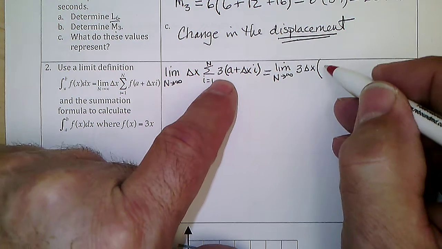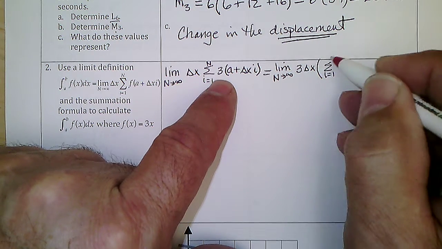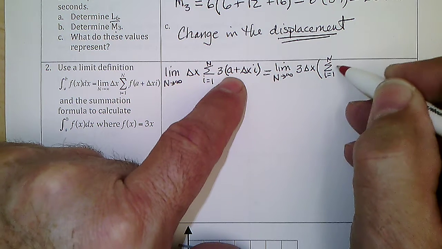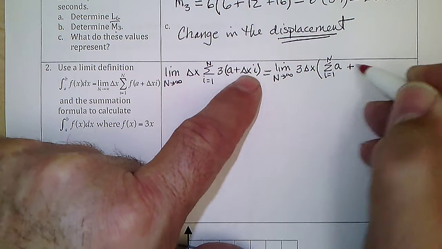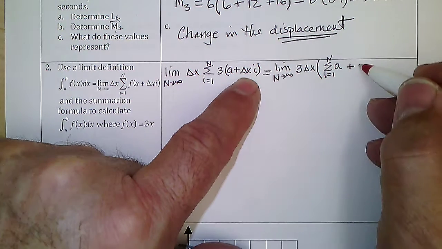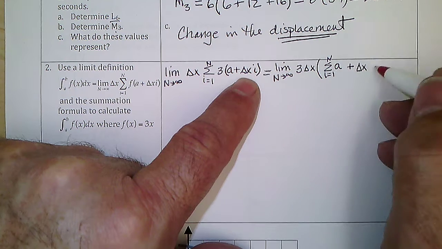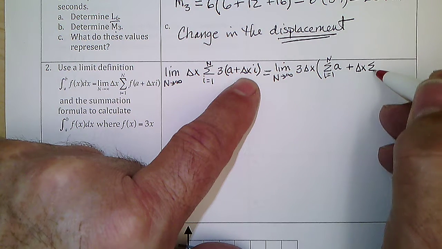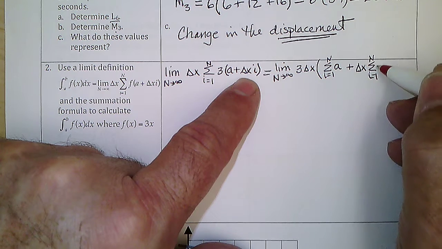I'm going to have the sum as i goes from 1 to n of a's plus, and delta x is a constant, so that comes out of the sum, but only in here, not completely out, times the sum as i goes from 1 to n of i.